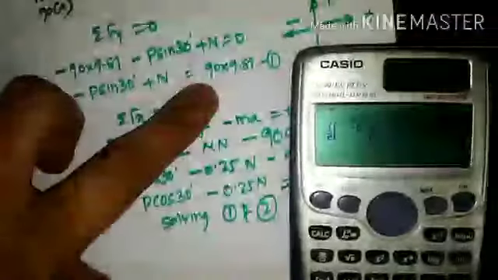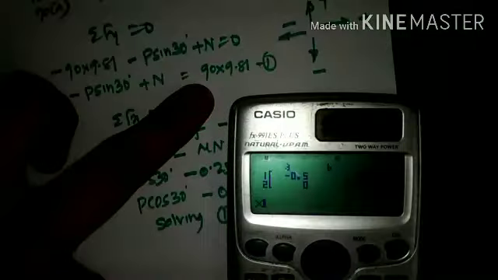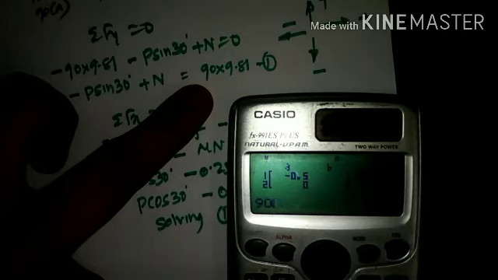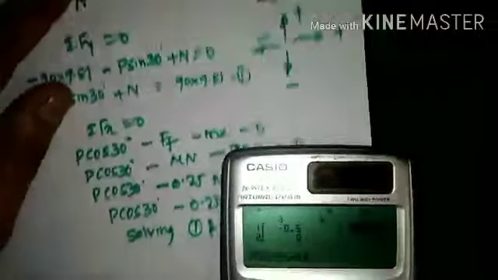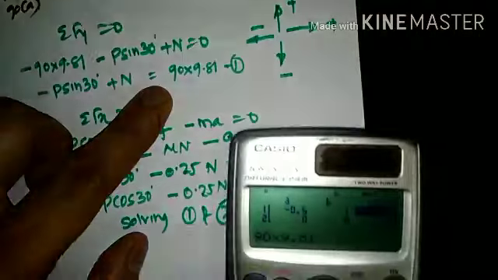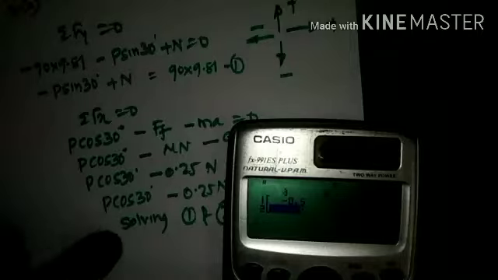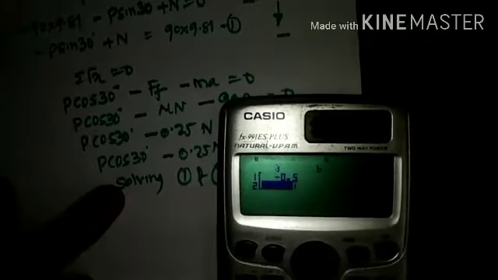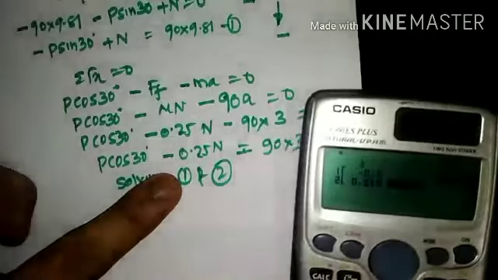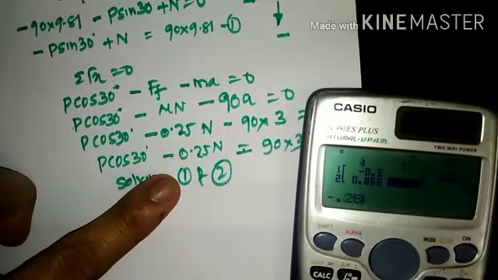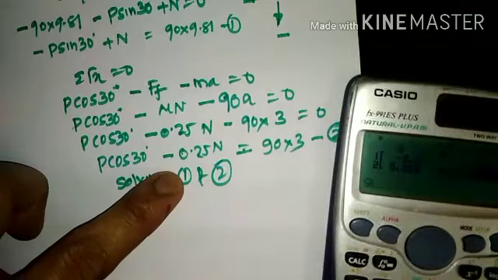Next term is 90 into 9.81, where 90 is nothing but the mass of the object. Next term in the second equation is cos of 30, then minus 0.25. Then the last term is 90 into 3.